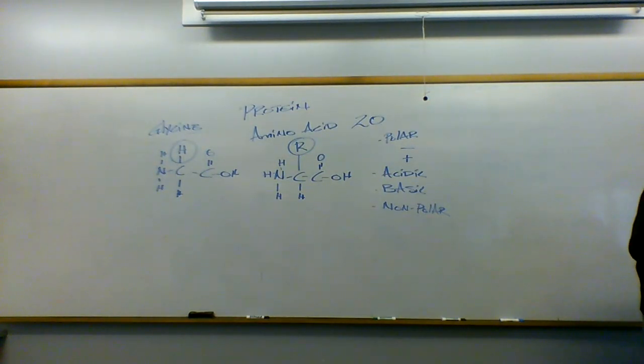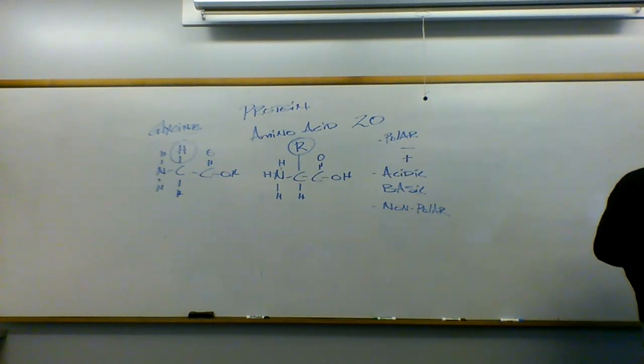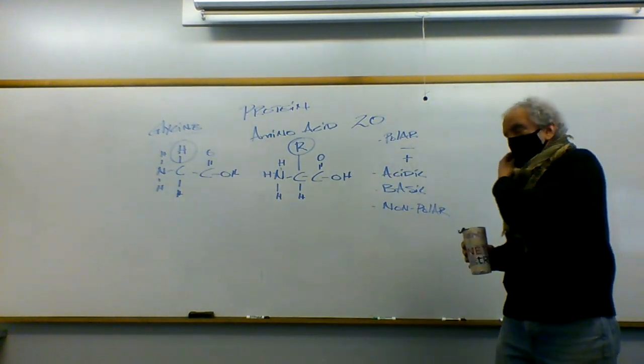Not at all do you need to worry about this. At least in my book, 4th edition, pages 74 and 75 have the basic side chains, acidic side chains, uncharged polar side chains, nonpolar side chains. Memorize them? No, not for me.